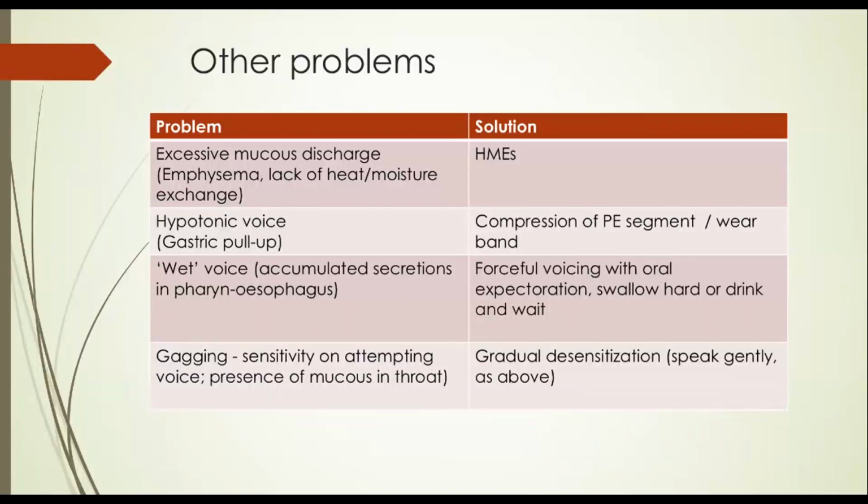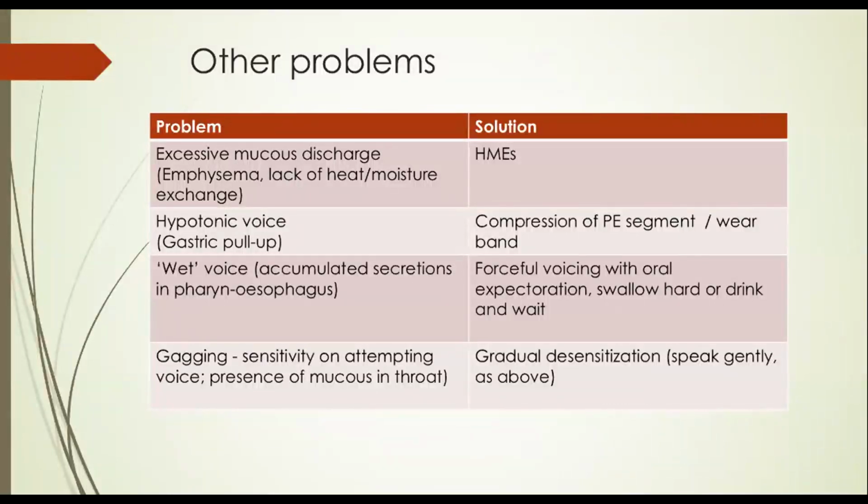Gagging is also something that patients report on. It's often right in the beginning stages where they're starting to voice, they may gag, and it's just that they're not used to that feeling of airflow up through the tract. Or it can be because there's mucus sitting there, with postnasal drip, that feeling of thick mucus that you just can't get rid of. If it's thick mucus, again, hydration is important.